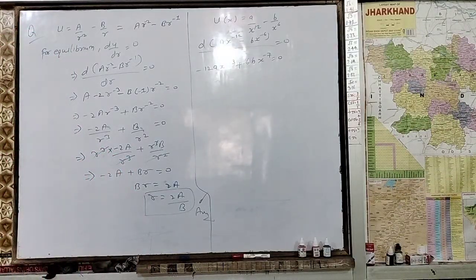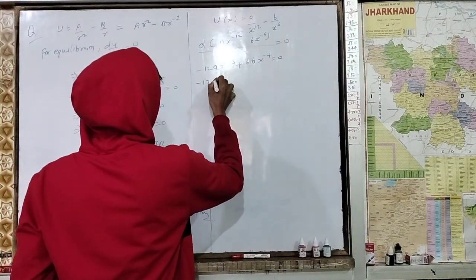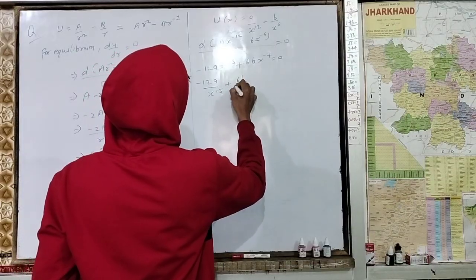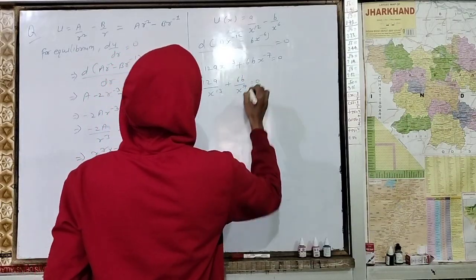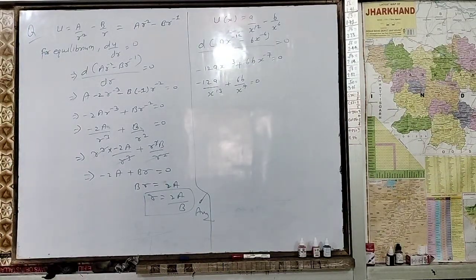Okay, till here this is correct. Just convert this into fraction form: minus 12A upon x raised to power 13 plus 6B upon x raised to power 7, which is equal to 0.